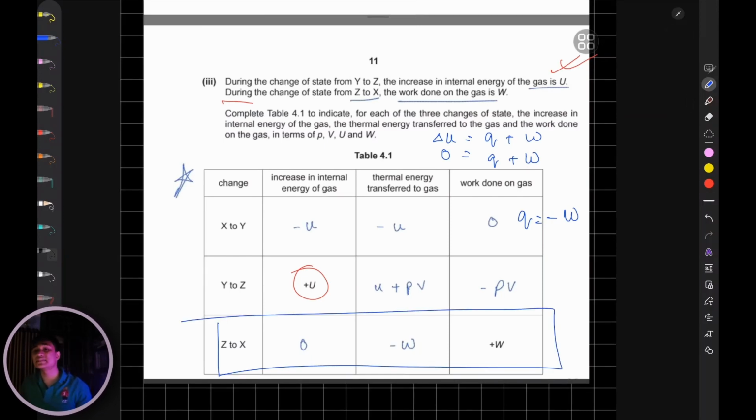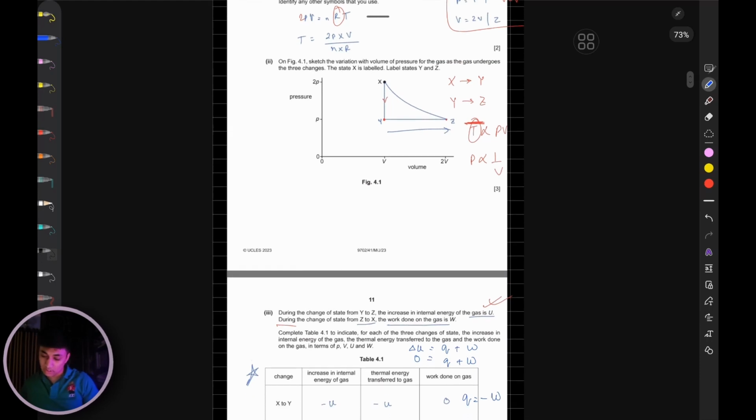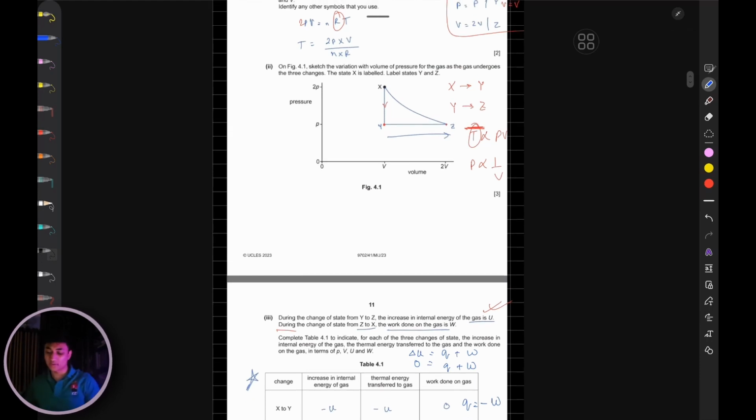You know what's happening from Z to X. From Z to X, no change in internal energy. Great. However, now notice one thing.